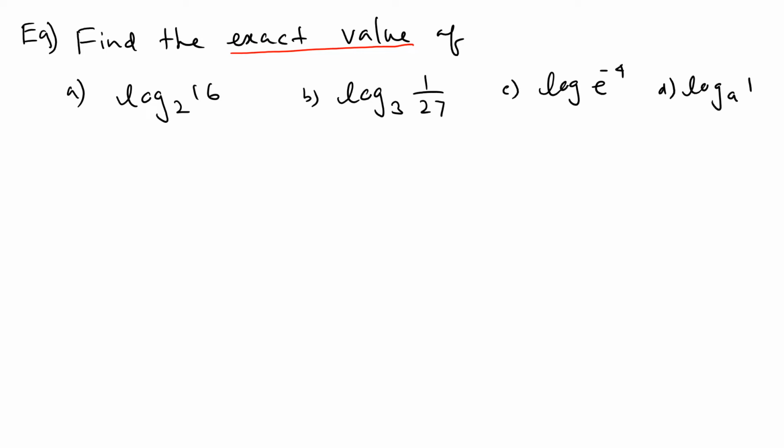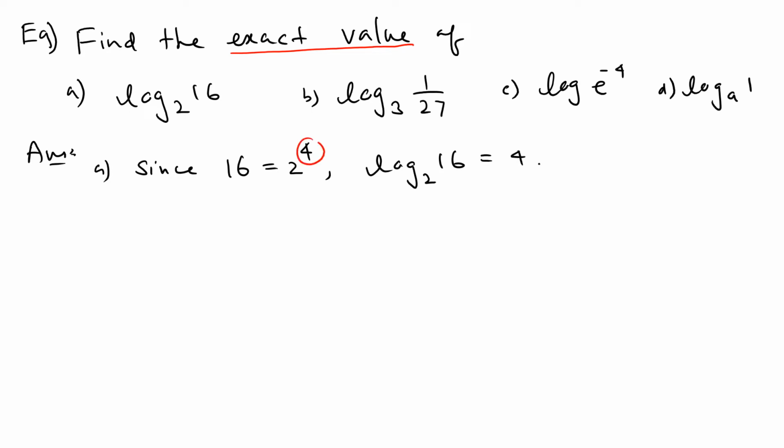What you're trying to do is write the number using the given base, and whatever the index you get is the logarithm. So for the first one, you can say 16 equal 2 to the 4th power, so the logarithm base 2 of 16 is 4, because logarithm is the index.